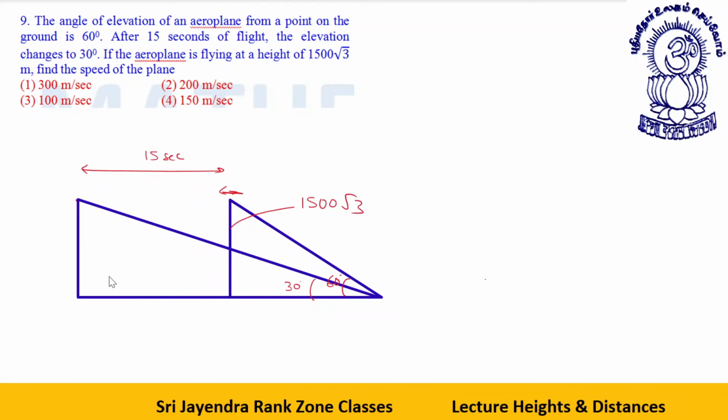In 15 seconds it covers this much distance. The simple logic is this portion is the base along 60 degrees. This will be x. Then this is 30 degrees, and this portion is the base along the 30 degrees. This will be 3x.